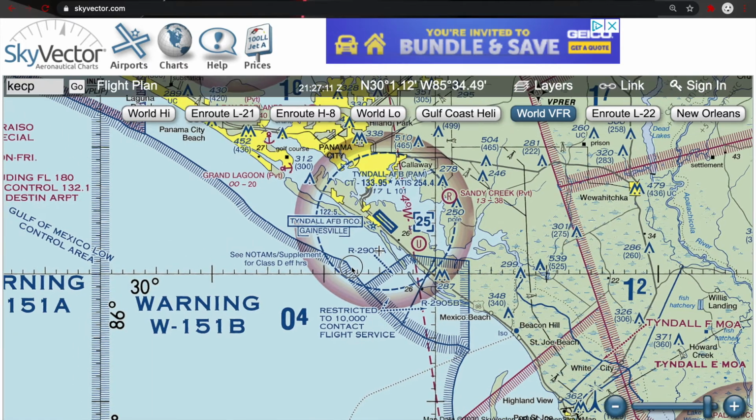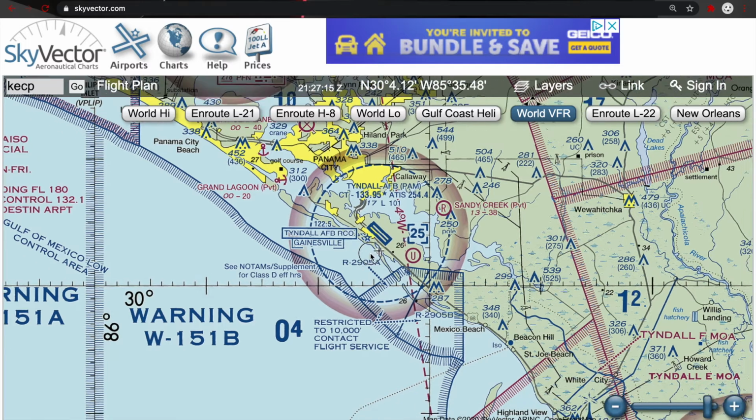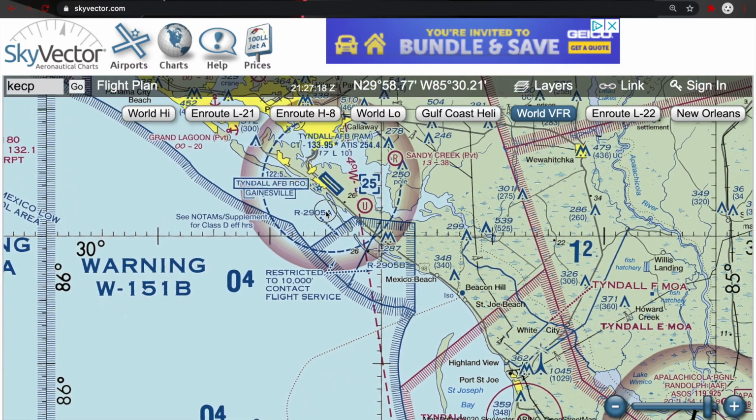So this one, for example, Tyndall Air Force Base is the one controlling it. So you could actually contact Tyndall Air Force Base and ask them whether or not it's active. If it is, you cannot fly in that airspace, whether you're a remote pilot or a manned pilot. So for example, if I wanted to fly my drone inside this restricted airspace, I'm not in the military's airspace, so I don't have to get authorization.